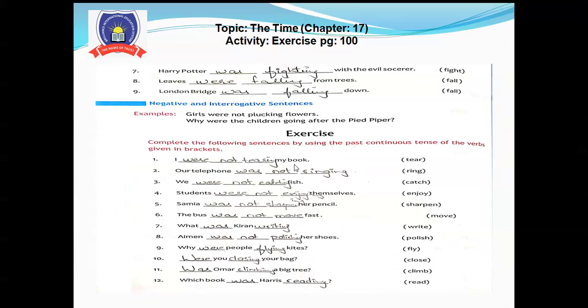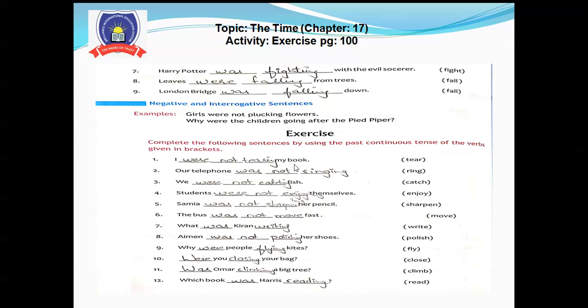Now, moving on, some sentences are on the next page, page number 100. Sentence number 7: Harry Potter dash with the evil sorcerers. Harry Potter was fighting with the evil sorcerers.